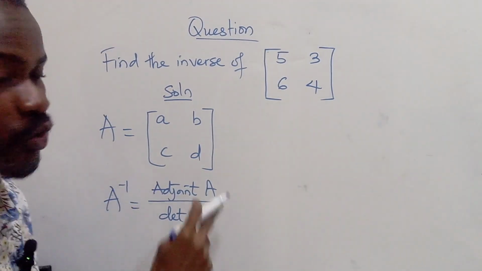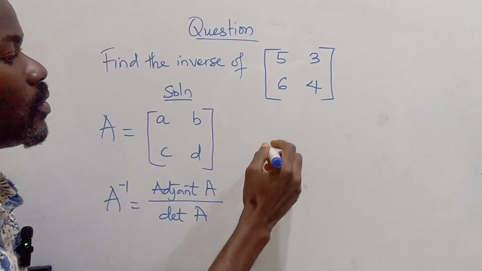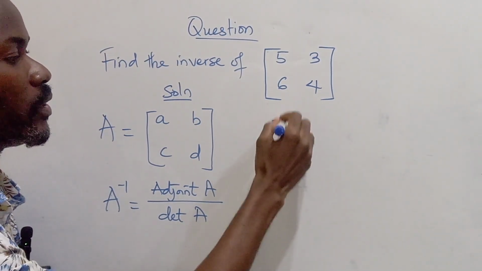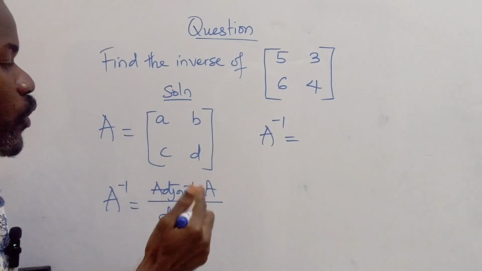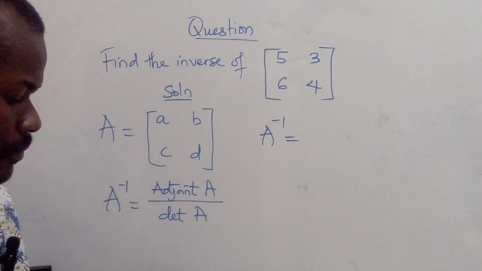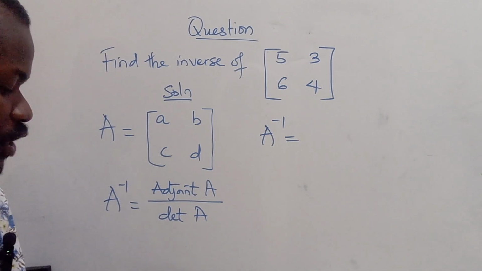But now, what is the adjoint of A? All you need to do for the adjoint is an interchange.